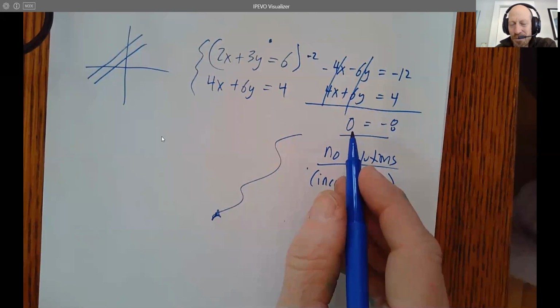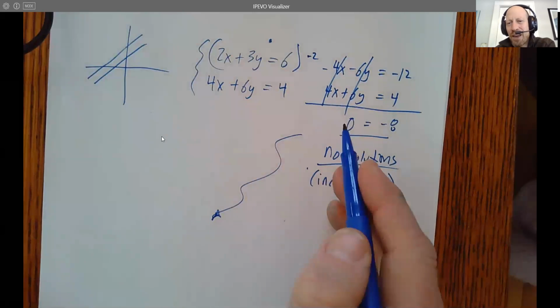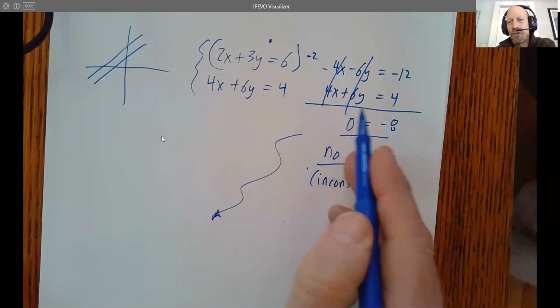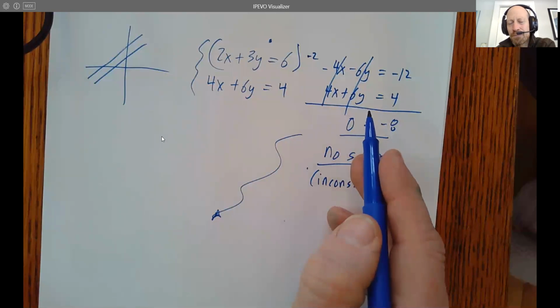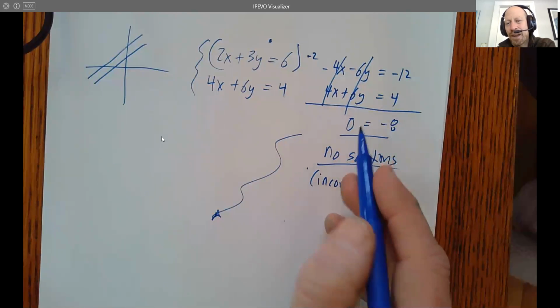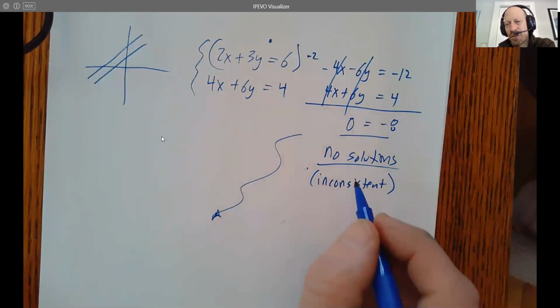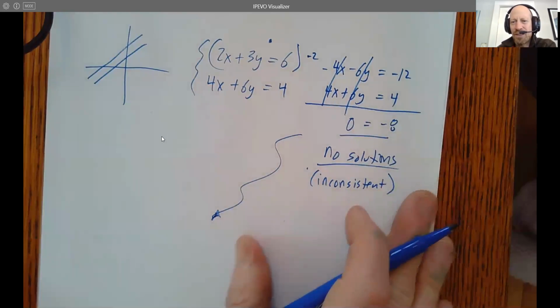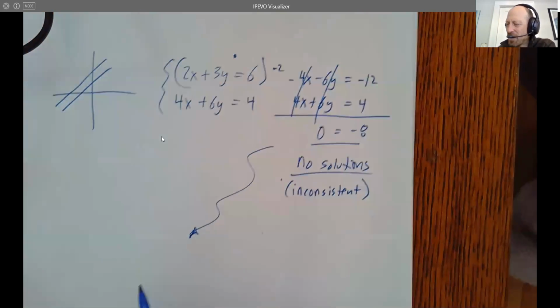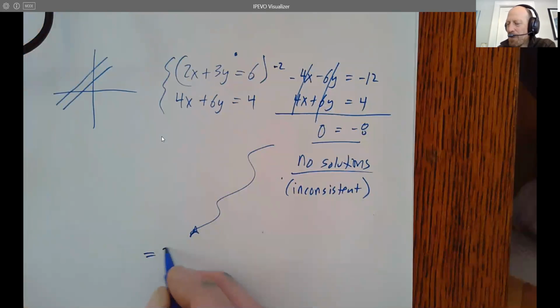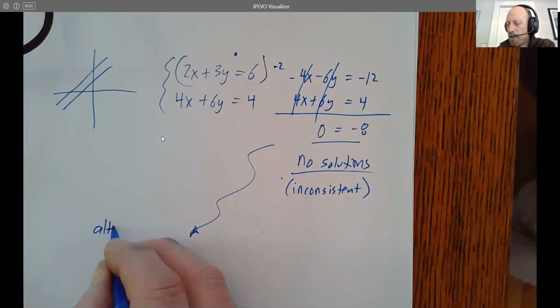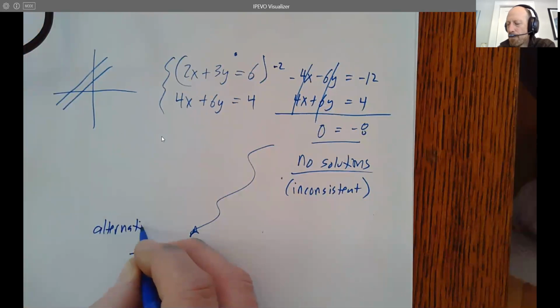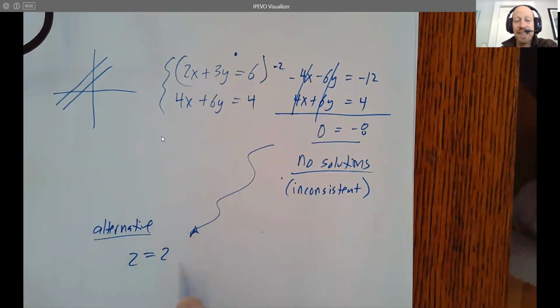So the sort of unusual thing here is that both the x and the y dropped out, but that can happen and not be a no solution situation. It's possible that when we did this work and the x and the y cancel, you might instead get an equation that looks like this.